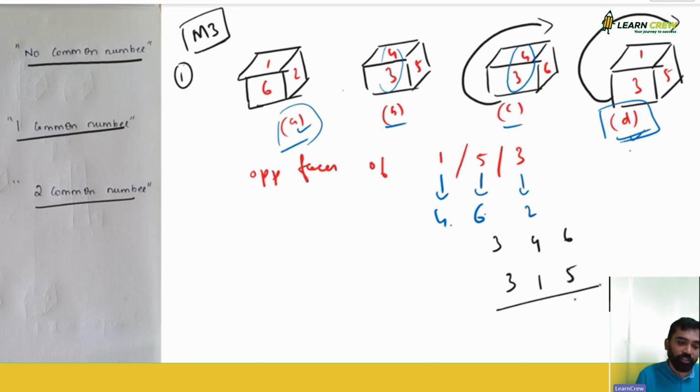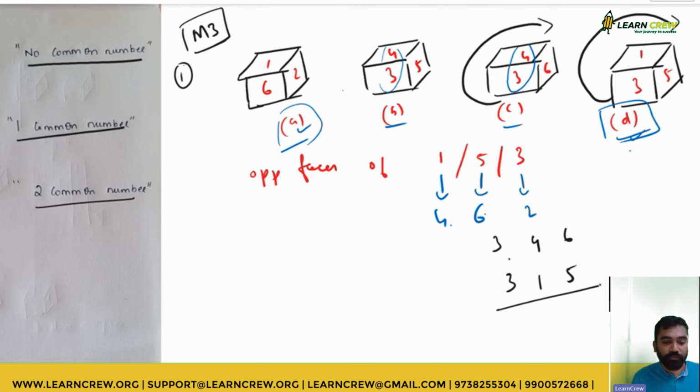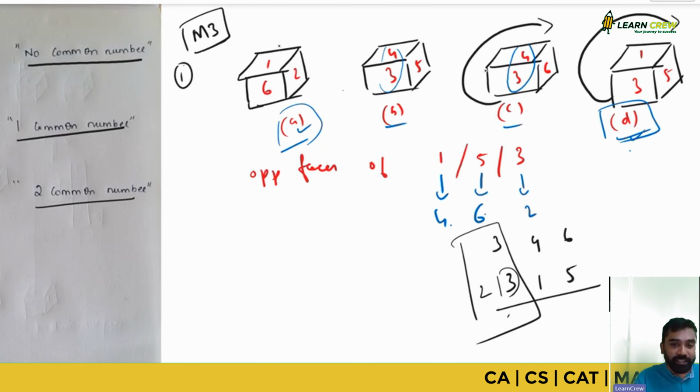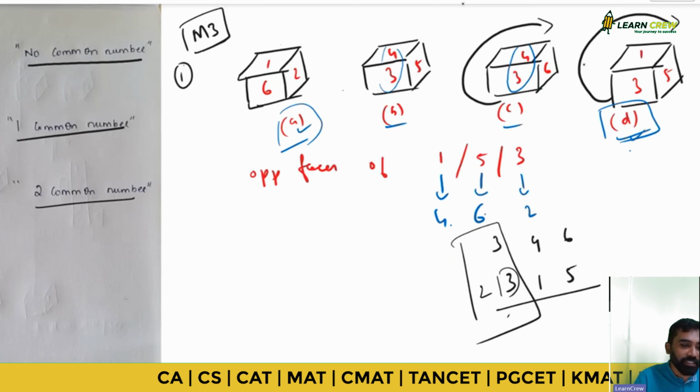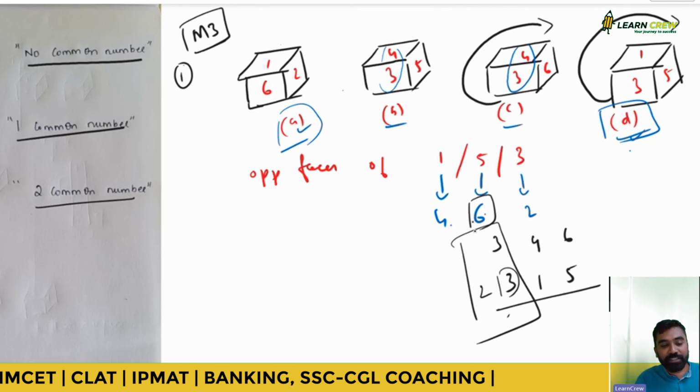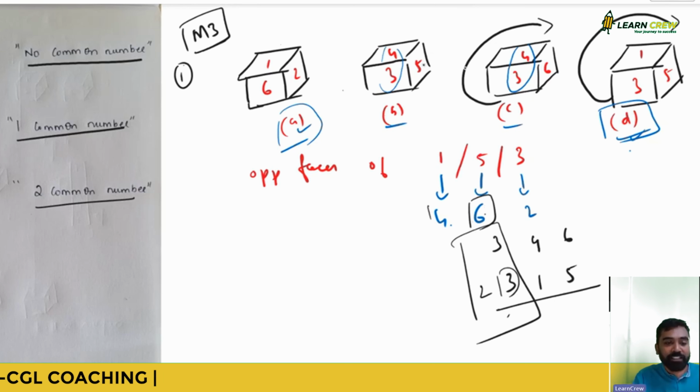This is going to be 6 is opposite to this, 1 is opposite to 4, and 3 is opposite to 2. So keeping these two equations, I got 3 is opposite to 2. So your doubt is accepted. Yes, if you're taking A and D, it is coming as a different term. But for the other two cases, opposite to 5 is 6 from B and C, and 1 is opposite to 4.